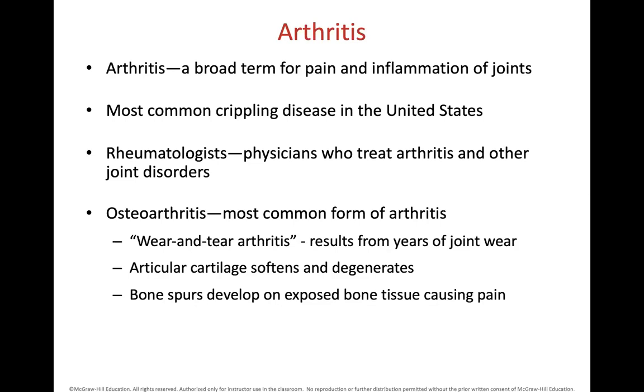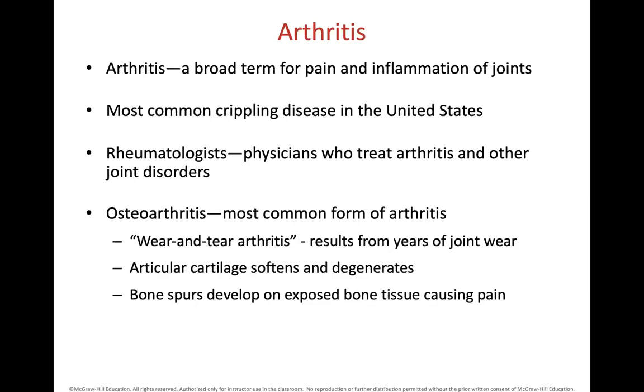People who study arthritis specifically and other joint disorders, but primarily arthritis, are called rheumatologists. So this is enough of an issue that there is a whole part of medicine dedicated to just the study of joint disorders, in particular arthritis.